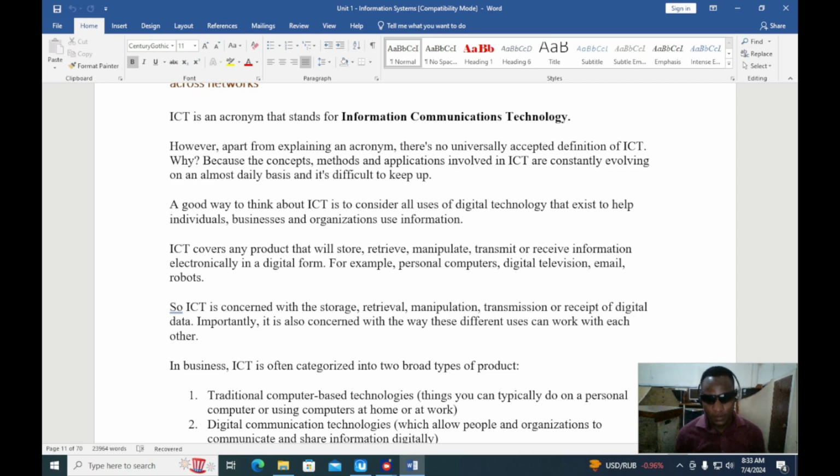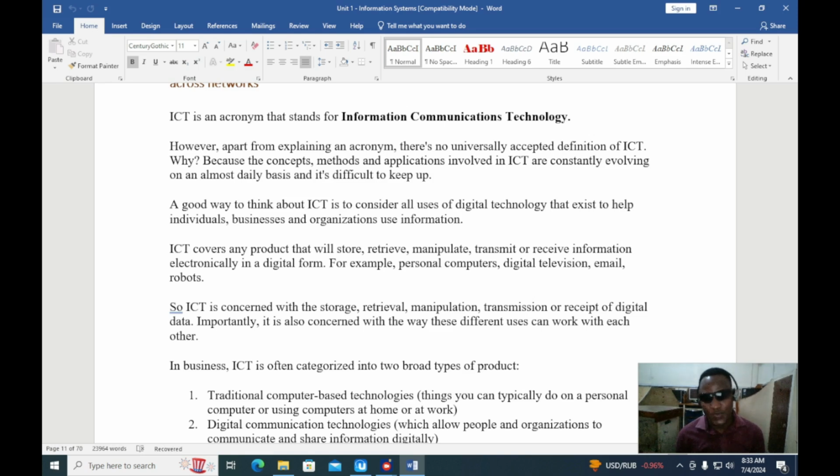When you look at ICT, it covers any product that has a task to store, retrieve, manipulate, transmit, or receive information electronically in a digital form.